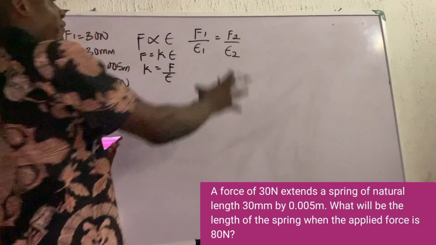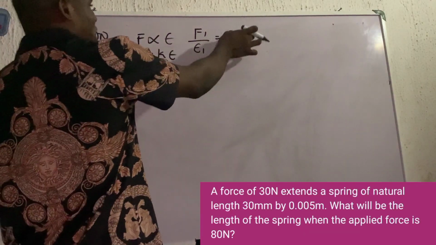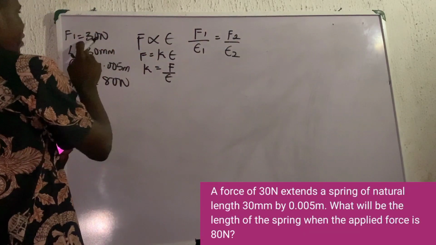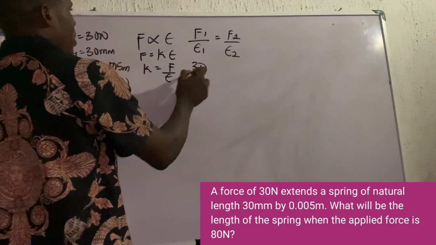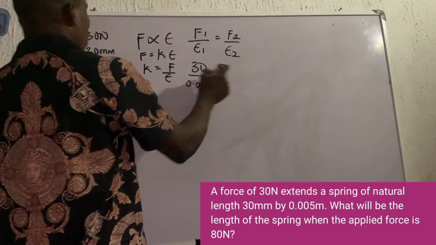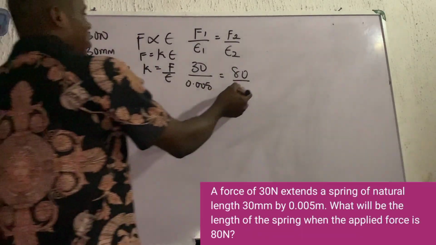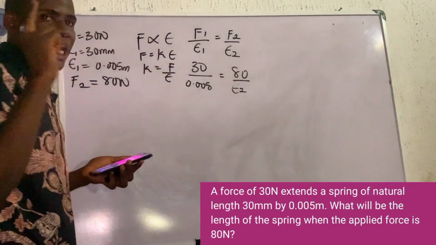But we have a standby formula which says that first force all over first extension is equal to second force all over second extension. So first force is 30 all over first extension 0.005 is equal to second force, which is 80, all over second extension, which is still E2.